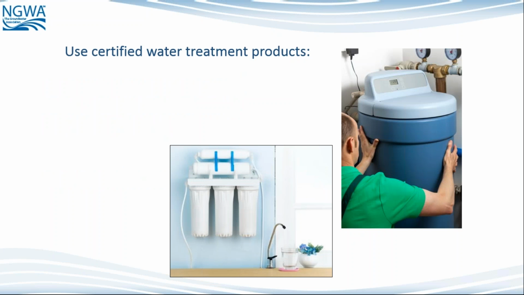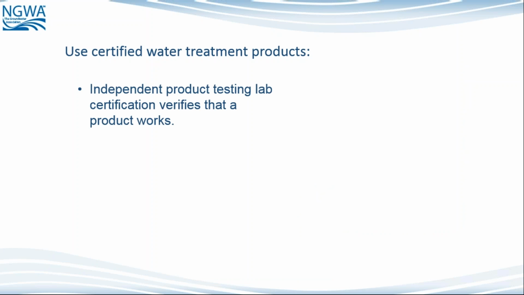So when we talk about water treatment equipment and products, as far as either RO, reverse osmosis, or ion exchange, we're talking about the industry standards of utilizing certified treatment products. We're talking about using certified treatment technicians.